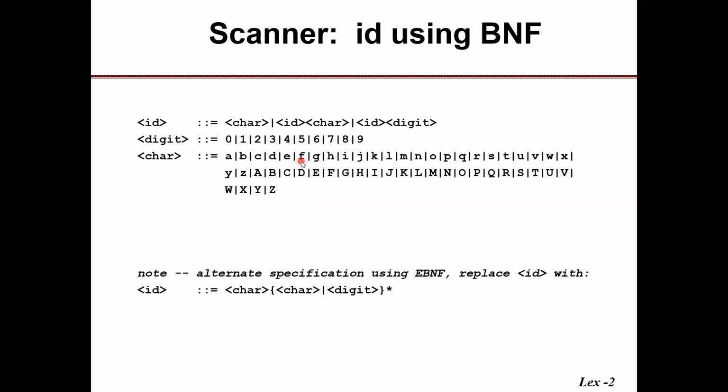So if you left off one letter, lowercase f, in your rule for chars, then your source code could never include anything with the letter f in it. It would get rejected by the compiler. So it's very important that you are very explicit and very attuned to details when you're building these rules, because the compiler will be constructed using exactly what you defined in here. Don't like 0 as a digit? Just leave it out. Of course, you might make some programmers mad, but that's how you do it.